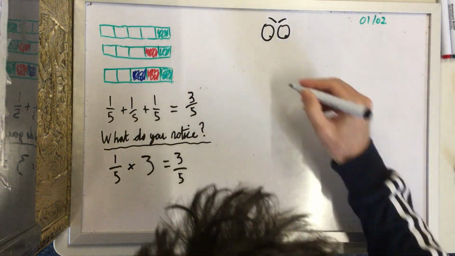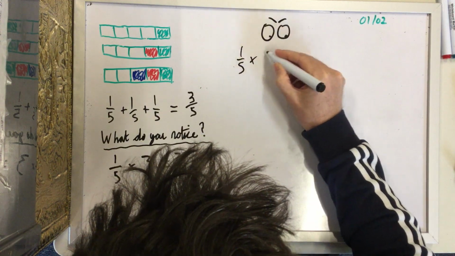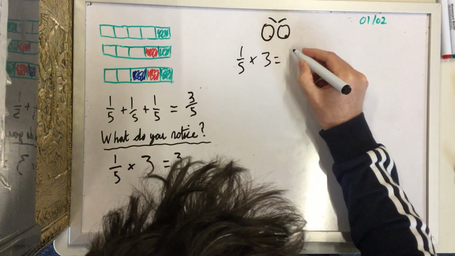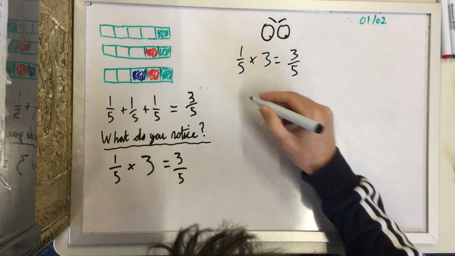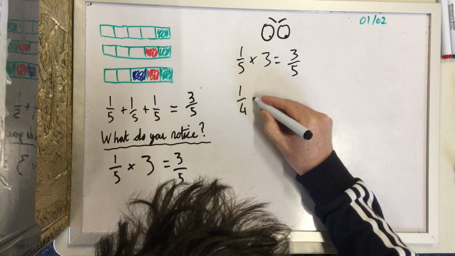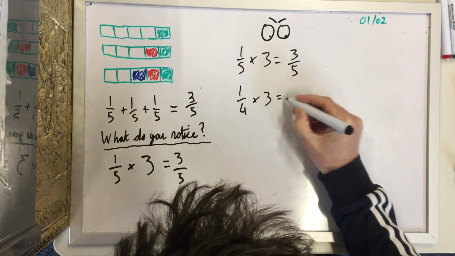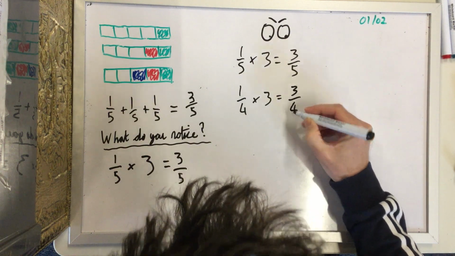So we've just done 1/5 times 3 equals 3/5. We could also do 1/4 times 3 equals 3/4.